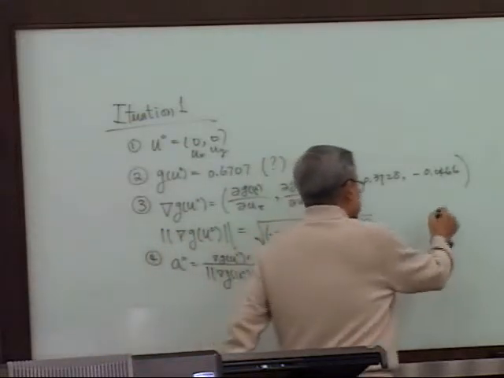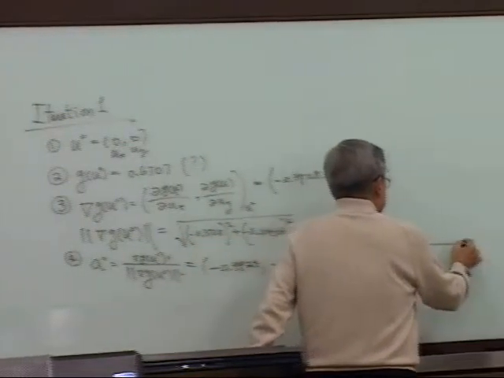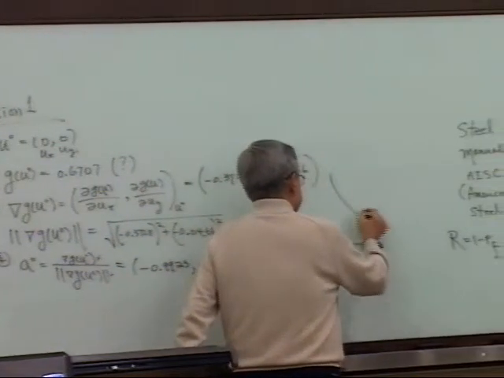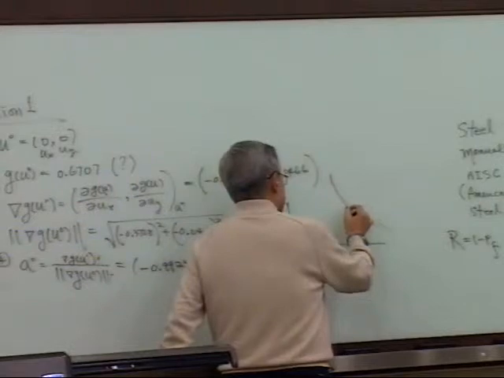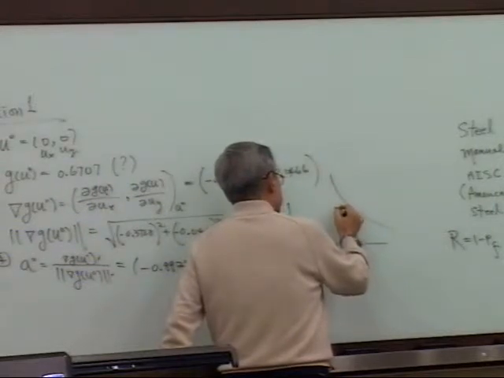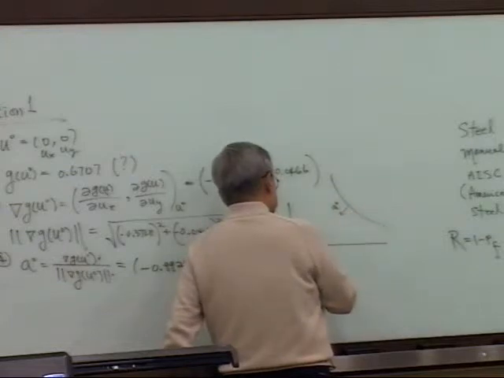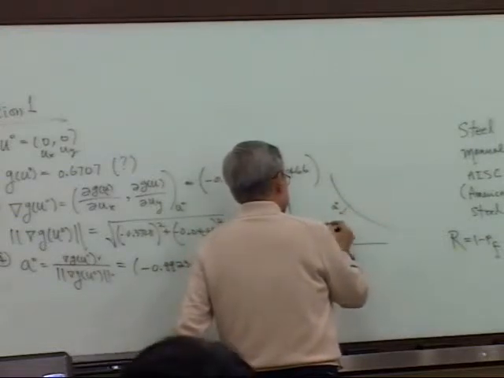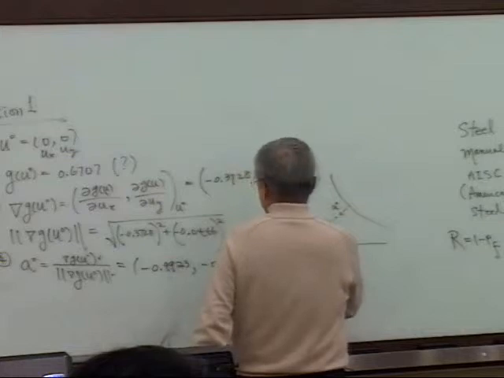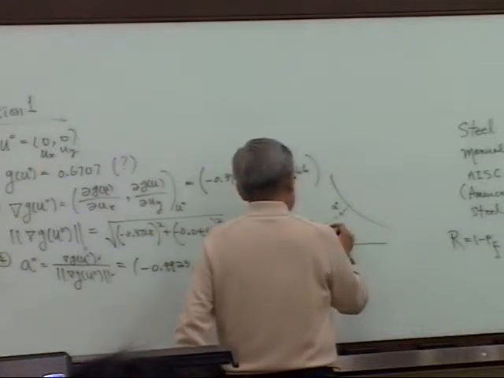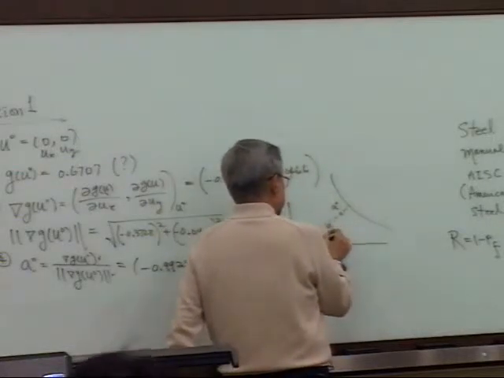So this is the A vector, but now this one is coming here, which is the U vector.